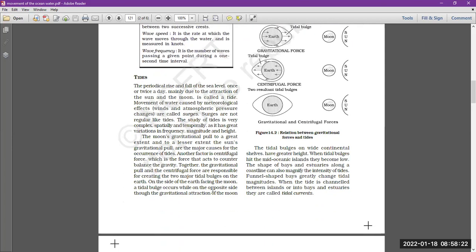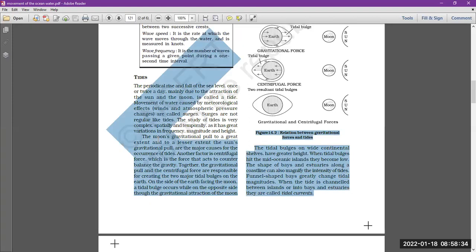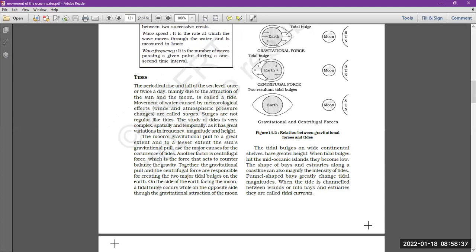Now back to the theory. The moon's gravitational pull to a greater extent, and to a lesser extent the sun's gravitational pull. Now look at this line. मून का ग्रेविटेशनल पुल ज्यादा लग रहा है और सन का कम लग रहा है. Why so? Because, as we all know, the moon is located nearer to the earth comparatively to the sun.